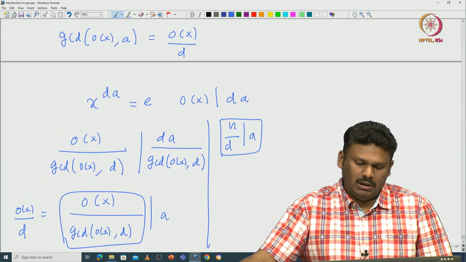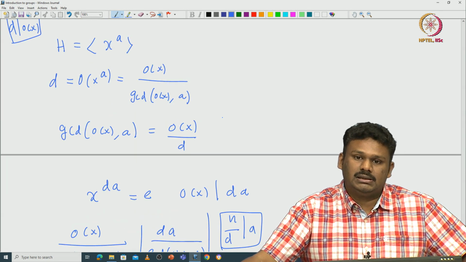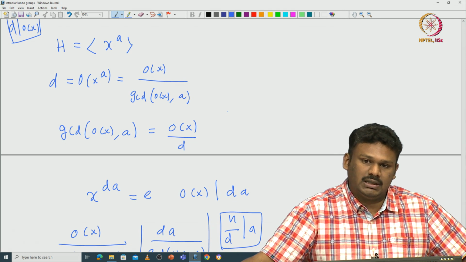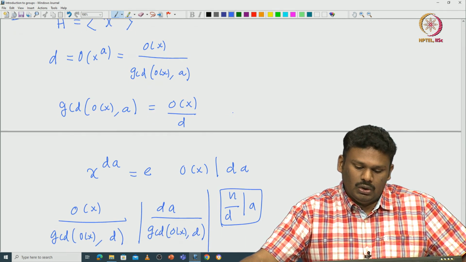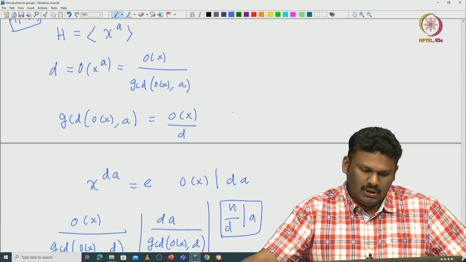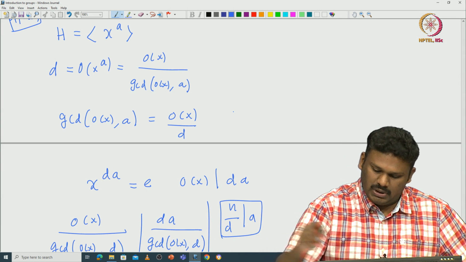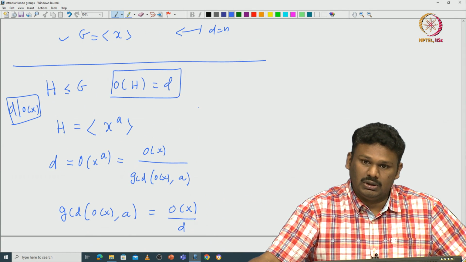Okay. So, now what is a? If you recall, a is the smallest power such that x power a is inside h. So, you already have this. Let me write it here.